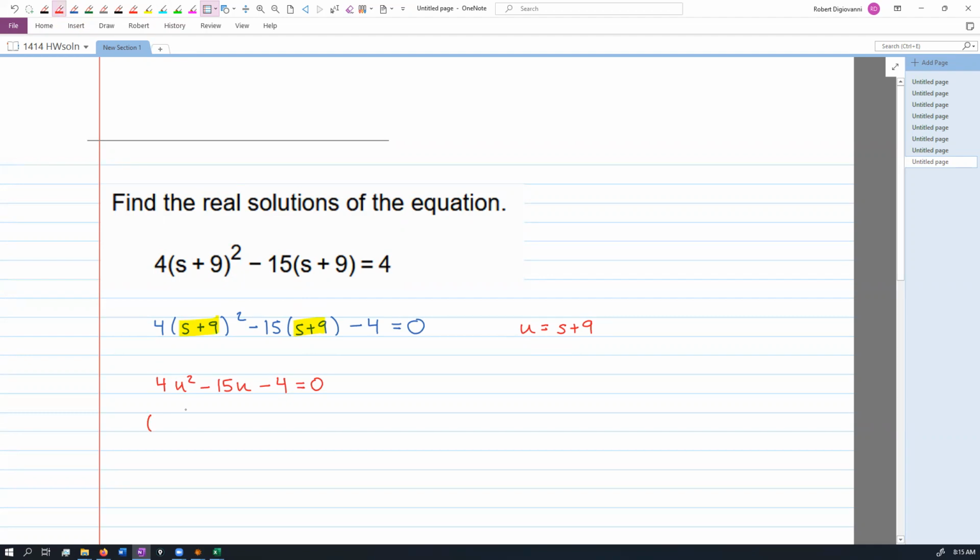Now this should factor. Let's see if I can get this factoring going here. Let's try 4u and u, and then minus 4 and plus 1. So 4u squared minus 16u plus 1u, that's negative 15u, and then minus 4.